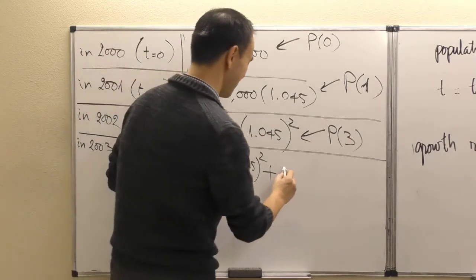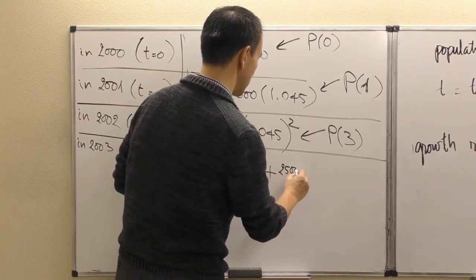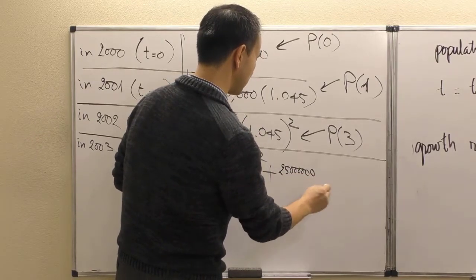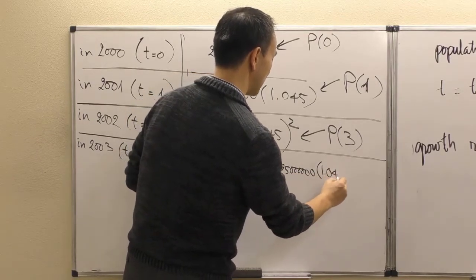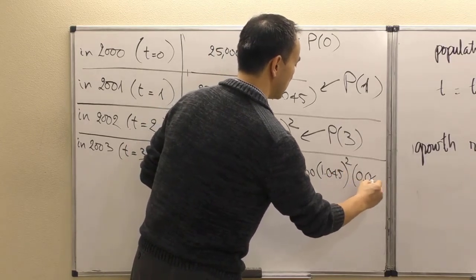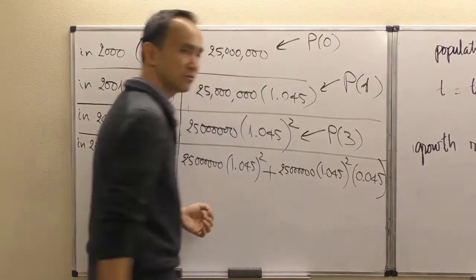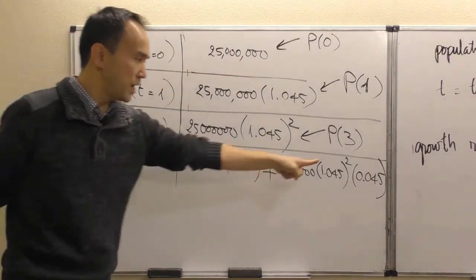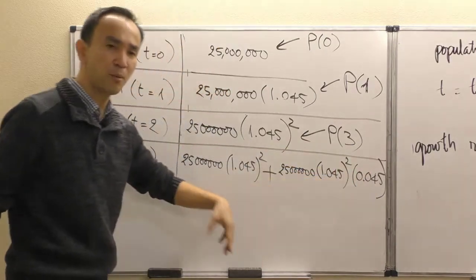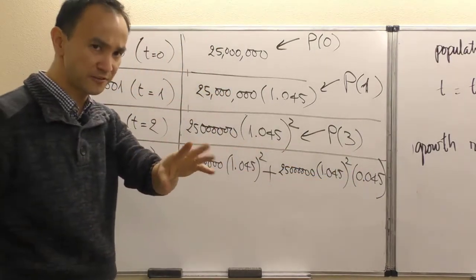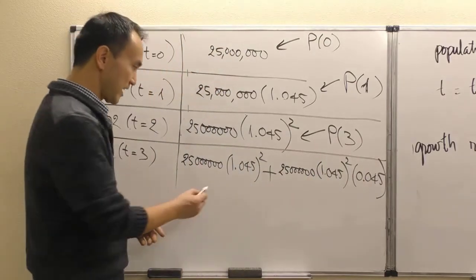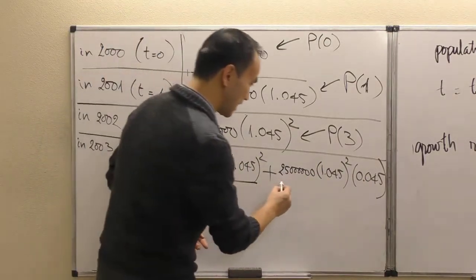So now we're looking at 25 millions, the current value, multiplied with 1.045, but already squared. I'm going to multiply with another 0.045. That's how things happen. It's a square here, and then there's a multiplication with an extra 0.045, not 1.045, an extra 0.045.